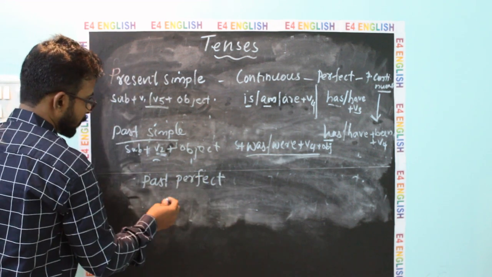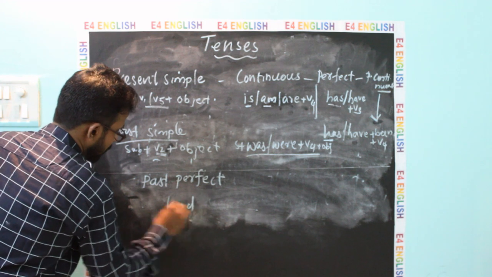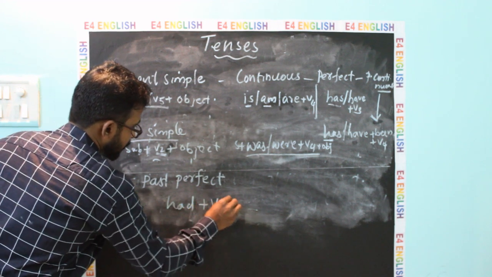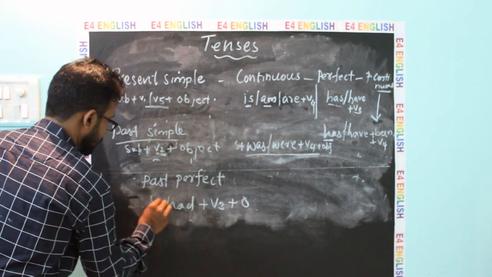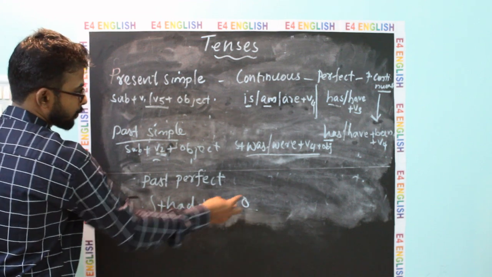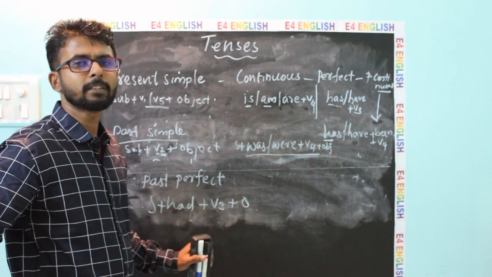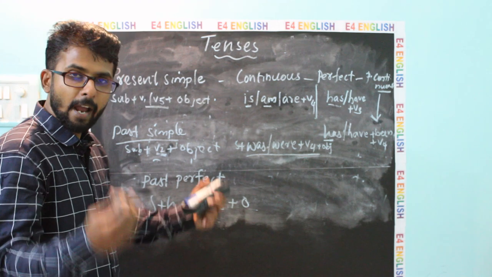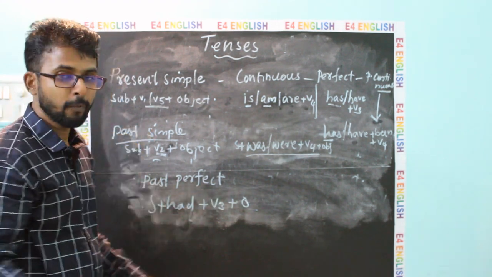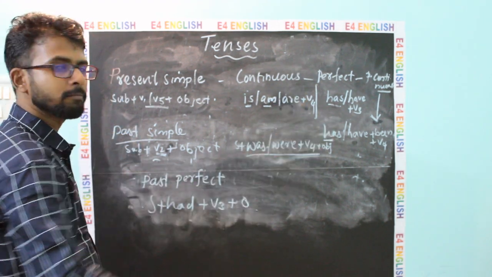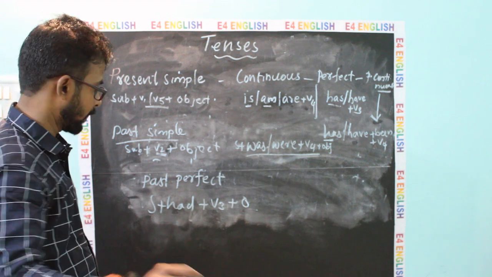The past perfect form is subject plus had plus V3 plus object. So whatever the subject, had plus V3: I had, he had, they had, we had, you had played cricket. Got it? So this is the thing.